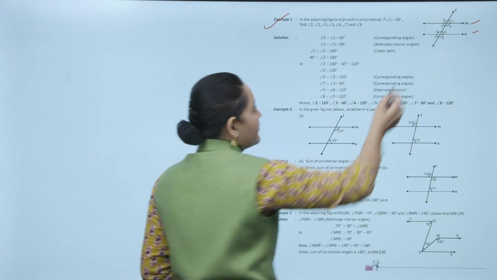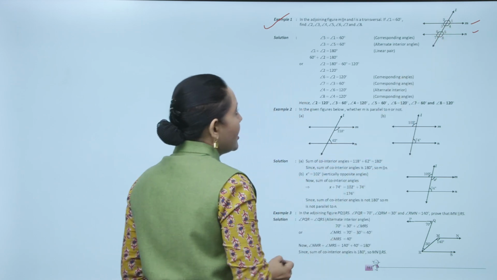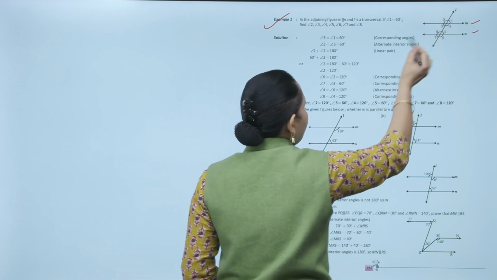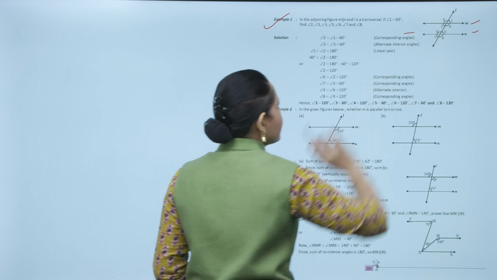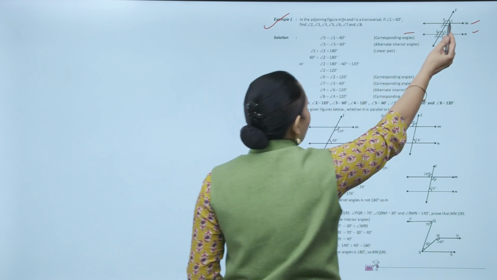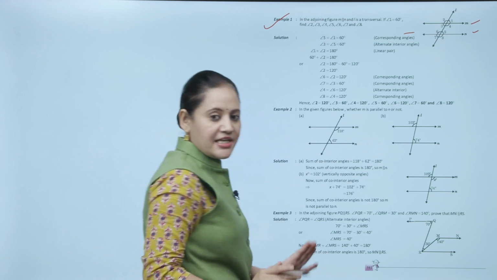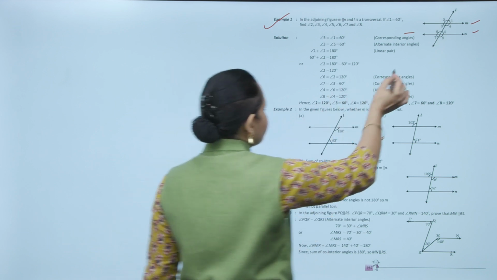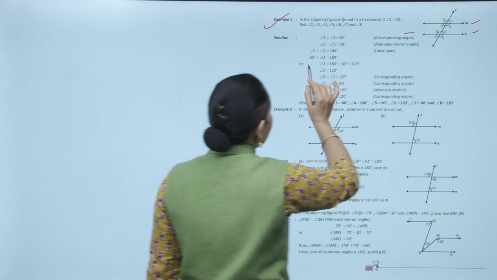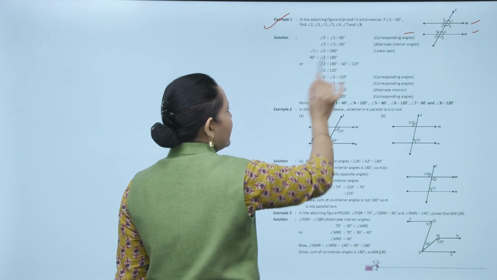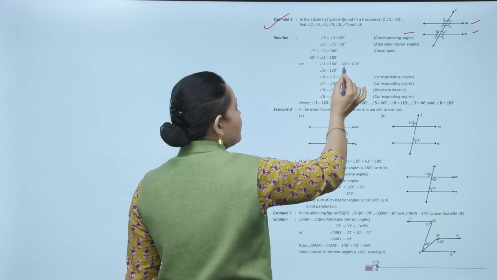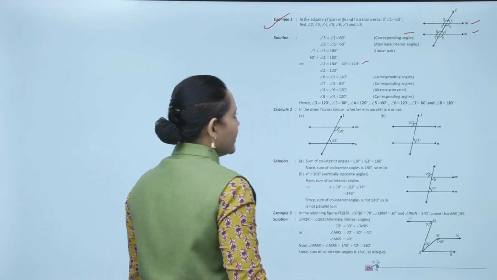Angle 1 is given as 60 degrees. Angle 1 equals angle 5, corresponding angles, so that is also 60 degrees. Angle 1 plus angle 2 is 180 degrees, a linear pair. So 60 plus angle 2 is 180 degrees. Angle 2 will be 180 minus 60, that is 120 degrees.